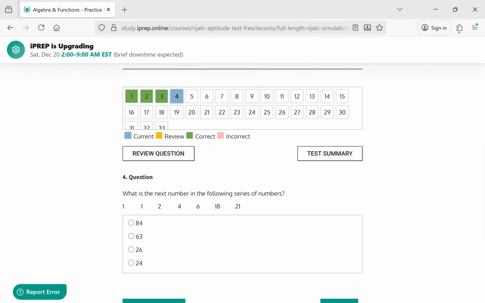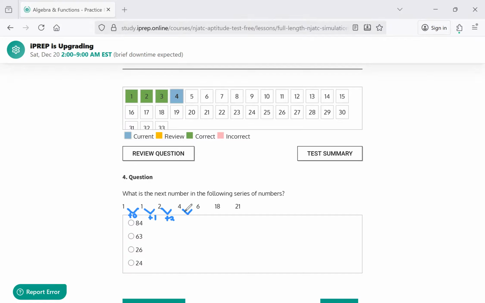Let's try to see if there's any common difference. From 1 to 1, it looks like you had to add nothing, right? You added 0. From 1 to 2, you had to add 1. From 2 to 4, you had to add 2.